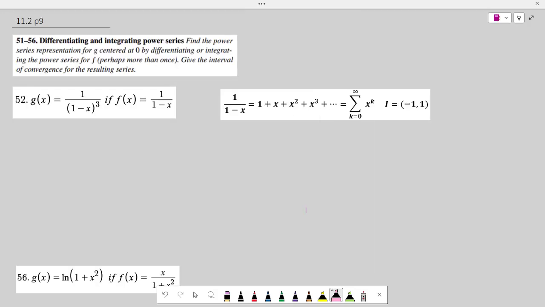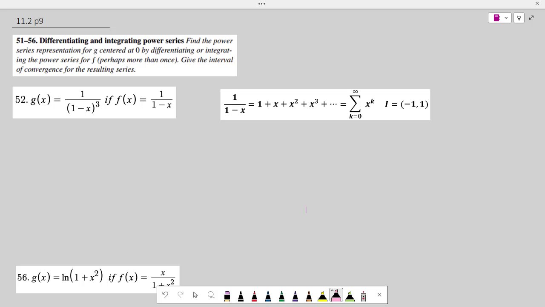Okay, so here is the hardest part of the chapter. We have a function that we want a power series for. We just did some that were pretty easy. Multiply by a power of x, do a substitution. Here's the hard one.